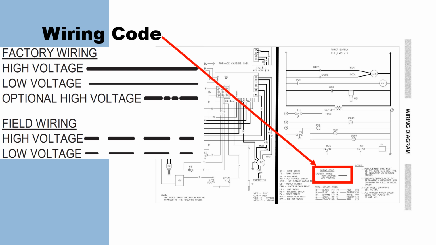Wiring code: you're going to see there's a factory wiring, here a solid line for high voltage, a smaller solid line for low voltage, optional high voltage has the dashes, and then field wiring over here.